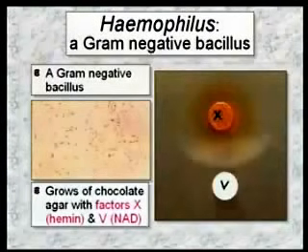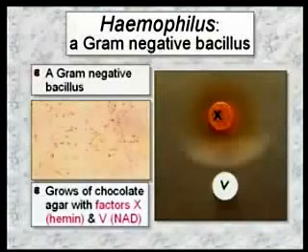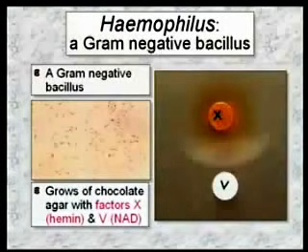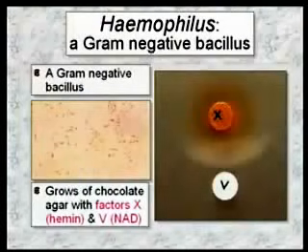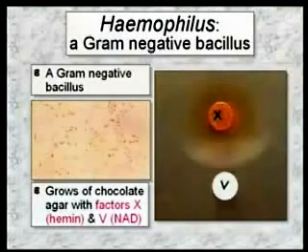Exsanguination, blood factor, hemin, and V is NAD or vitamin. And you can see a restricted growth of organisms in between. So Haemophilus influenzae B requires both hemin and NAD for its growth.